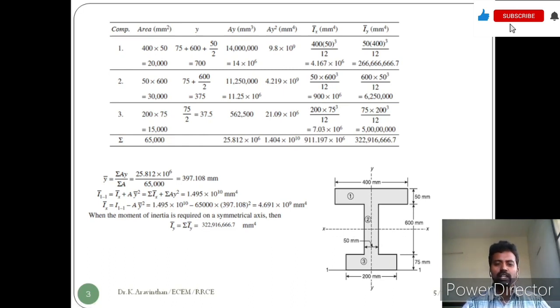So if you are designing any element or component with this section, you can consider the least moment of inertia this component will resist, and design the component so that it will not go beyond the equilibrium condition. This is why it is very important to identify the moment of inertia along both x and y axes. Then we take the least moment of inertia into consideration and proceed with designing any component.